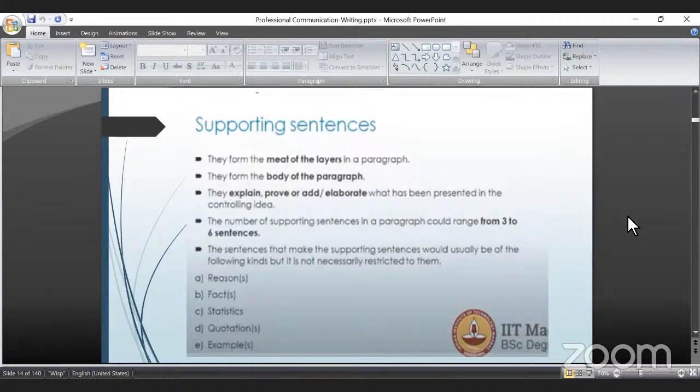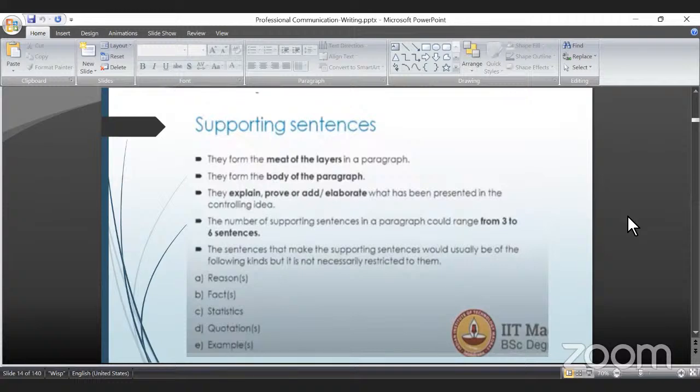For supporting and concluding sentences, we'll do the exercises in the coming weeks, definitely next week. So I want you to listen to the class, spend some time with it, and then come to the next class and do some exercises, right? So today's class will be looking at the topic sentence in the exercise part.